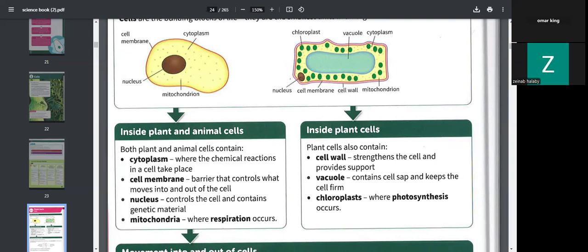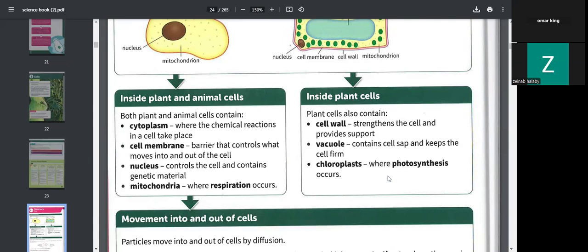And finally, the plant cell has chloroplasts, which are found in high amounts in green plants and are responsible for photosynthesis to make their own food. So the plant cell has three structures not present in the animal cell, but we will explain these organelles and their functions.